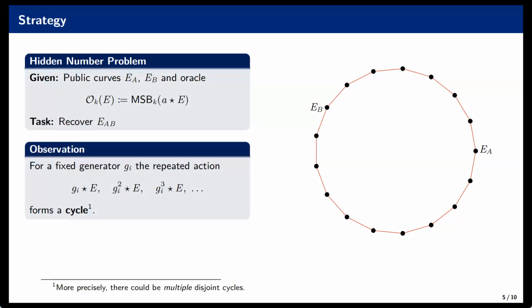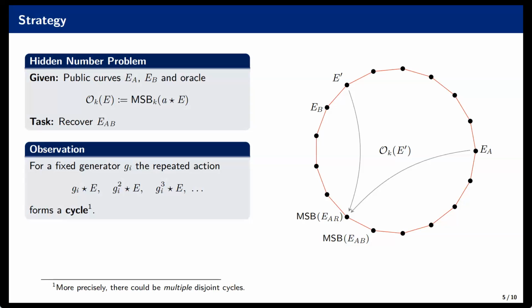So what this means is that Alice involves the public curve. If I now query the oracle on this curve, then I get the most significant bits of the shared secret of the curve. Then if I query the oracle again on the right neighbor, I get the most significant bits of the shared secret of this neighbor as well.